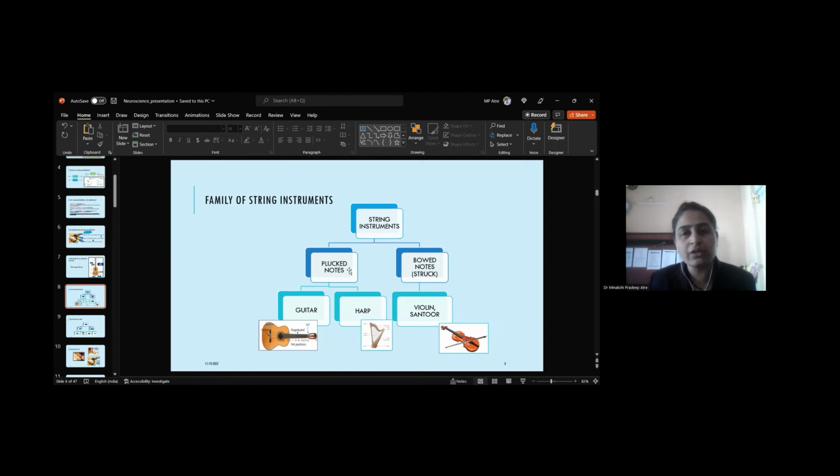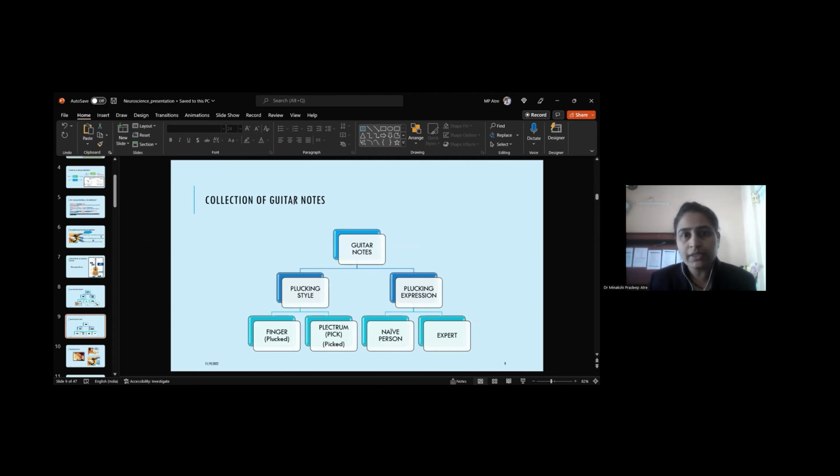There are other categories like bowed notes, where we have the violin and a bow, with the help of which we put pressure on the strings and the notes are generated. So the guitar lies under the string instrument category, and to be specific, the plucked notes category.